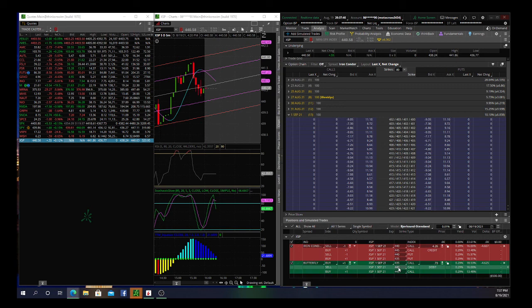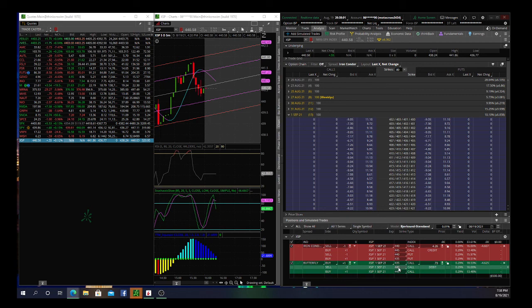That's $5. So let's say on September 1st, the XSP is trading right at $440.58, right where it is right now. You would realize the maximum win on this trade of $5 because you own the 435 call, which you bought, and we're trading at 440 on September 1st.